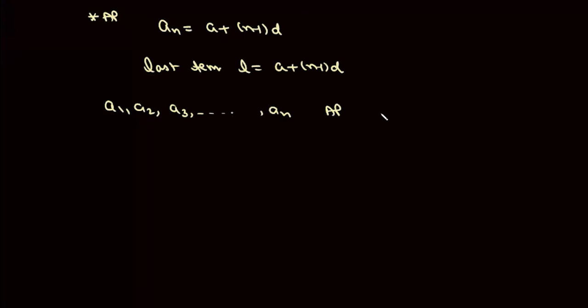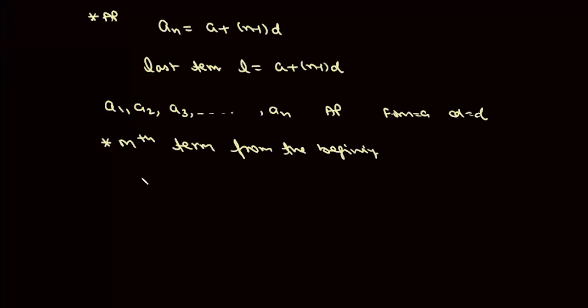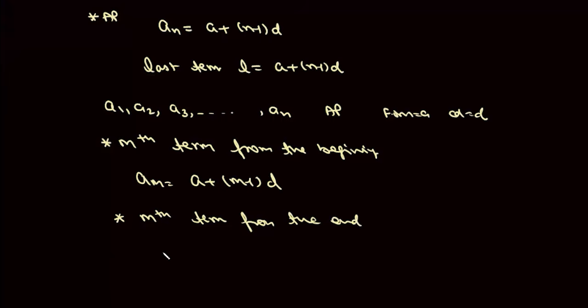This is an AP with first term A and common difference D. Then we can say the mth term from the beginning will be given by AM, and it will be A plus (m minus 1) into D. And if we look at the mth term from the end, it will be equivalent to the (n minus m plus 1)th term from the beginning.